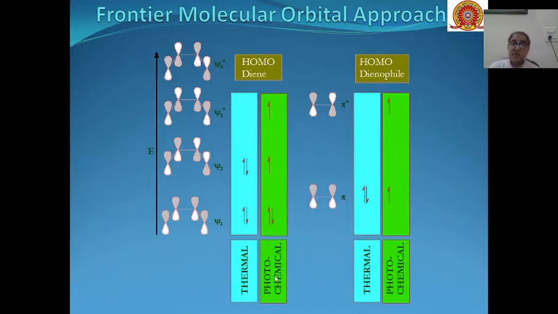And when the reaction is to be done photochemically, then one of the electrons from here is excited to the next energy level, that is next molecular orbital, that is Psi3, and this will be the configuration of various electrons present. Two are present in Psi1, one in Psi2 and one in Psi3. Similarly in this case, one will be present in pi and one will be present in pi antibonding.